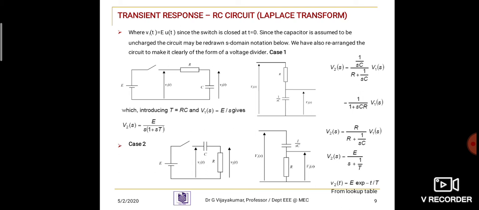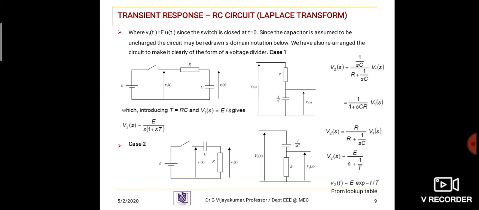Now, I need to find the voltage across the resistive element V2 of S. We immediately write the equation using the voltage dividing rule. V2 of S, that is the voltage across the resistive element, is equal to, in the S domain, R divided by R plus 1 by SC into V1 of S.